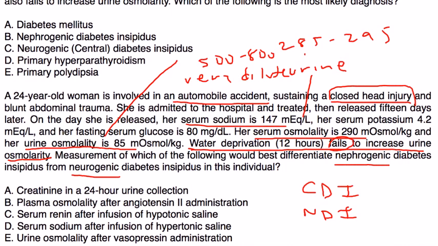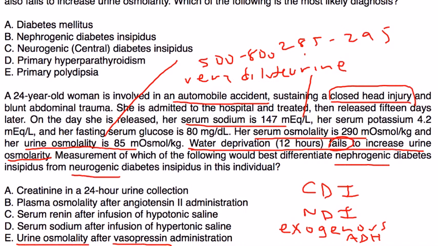And do you remember what that next test is? That next test is giving exogenous ADH. Another word for ADH is vasopressin. And after you give the vasopressin, you then have to measure their urine osmolality.